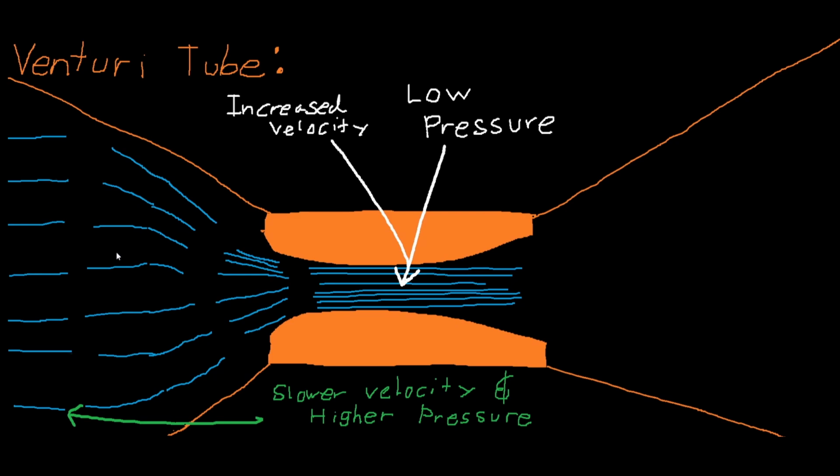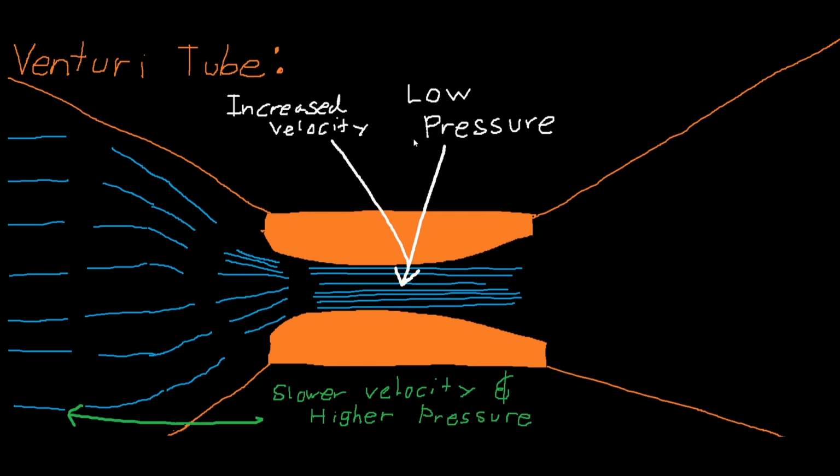The reason it increases its velocity is because the air flowing through it has to be flowing at the same rate on the inlet side as the outlet side. So the only way to get this volume of air through this gap at the same rate as here and at the end is it's going to have to speed up to put enough air through to make it even. So as this air flows through our Venturi tube, it increases that velocity.